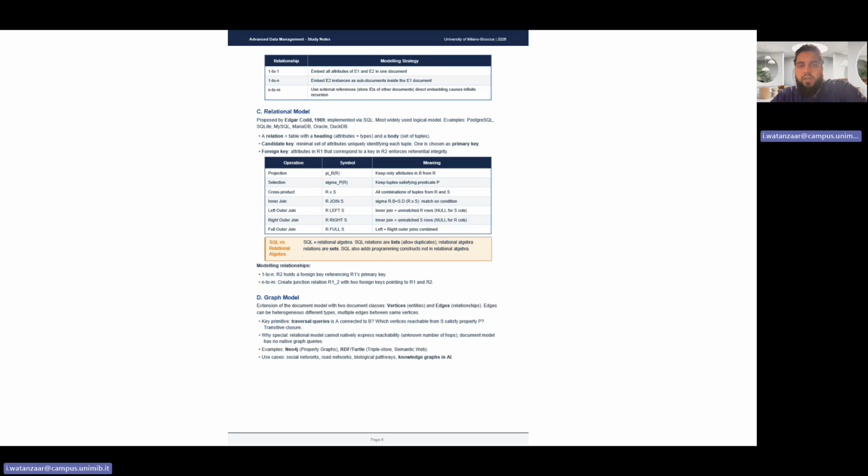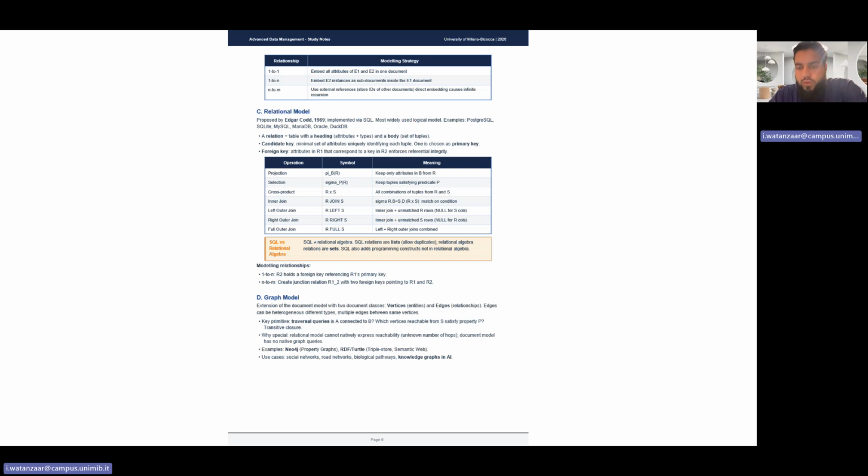The most widely used examples are PostgreSQL, SQLite, MySQL, MariaDB, Oracle, and DuckDB. So how is this working? They are designed in alignment with relational algebra, but we are not going into more detail on those things. We are purely understanding how relational models work.